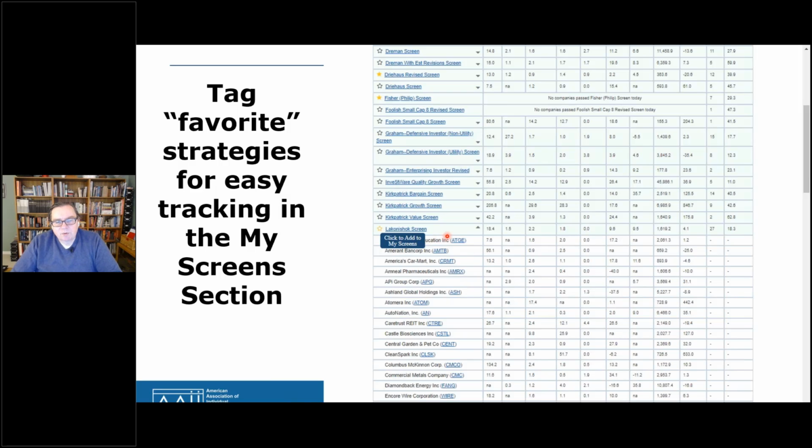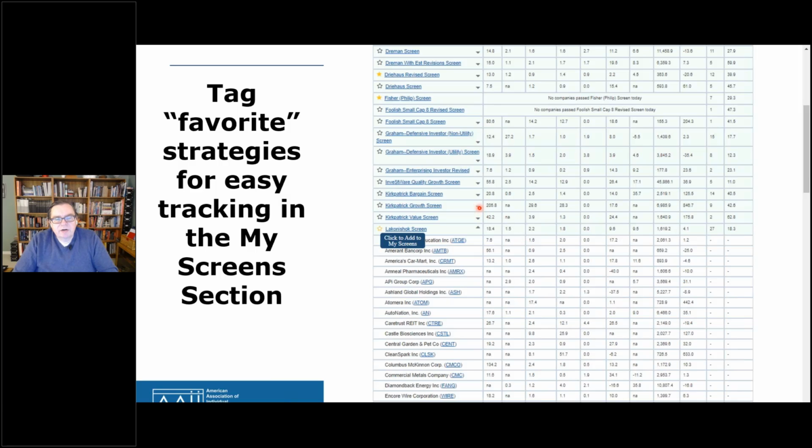But if there's an approach that you really want to follow over time, let's say you like the Lakonishek approach, you can go ahead and favorite it, and it'll be added to the My Screens section, and we'll cover that in greater detail later. But it's the ability for you to then track that stock's passing that approach over time and do some additional analytics. So again, members can track the screens. Data will be updated once a month as far as passing companies, but you can at least track those companies and track that screen over time.